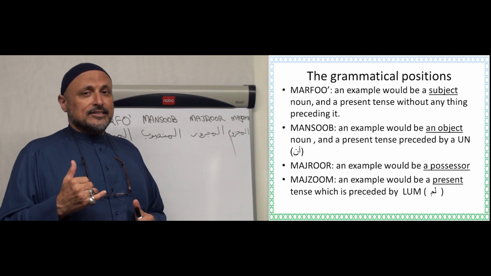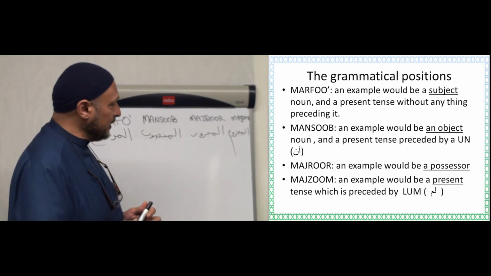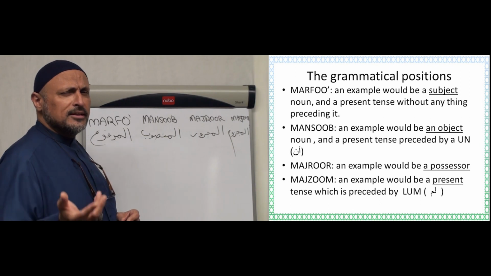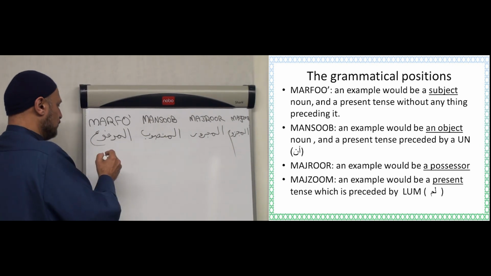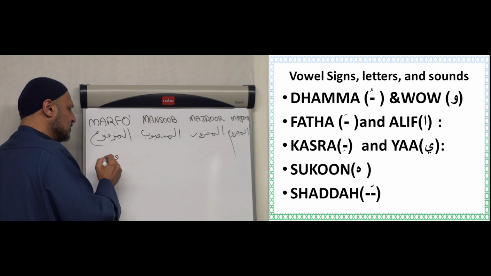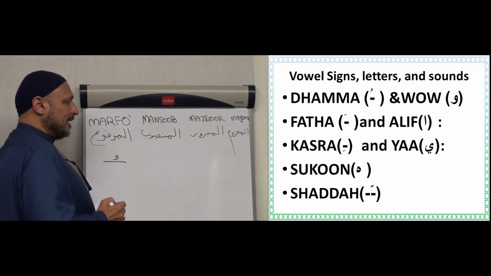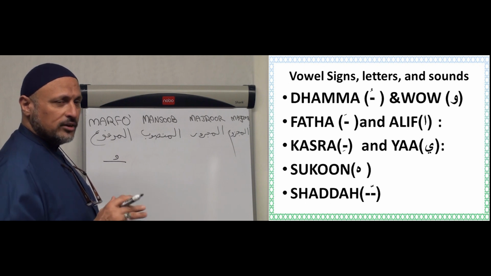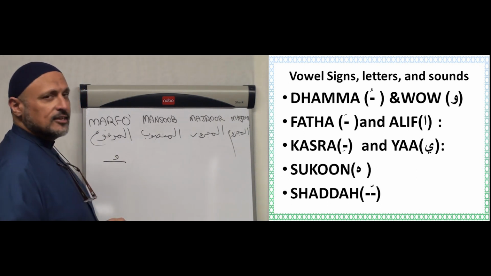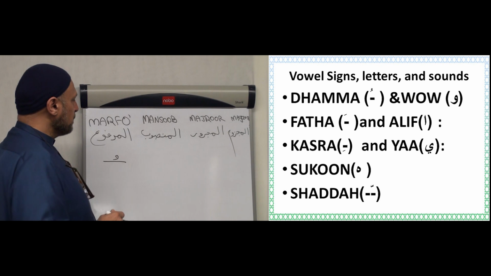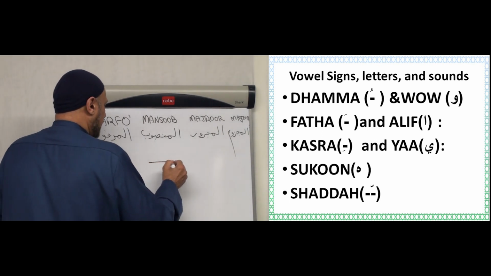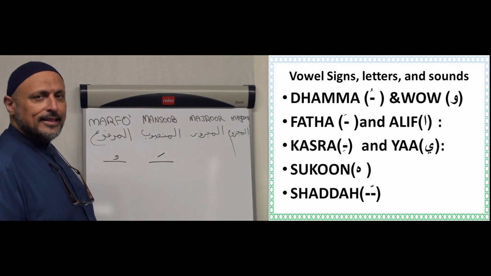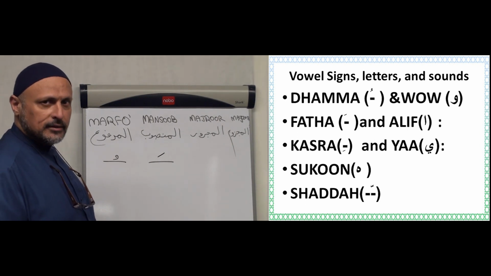There are signs. How would I know that this is marfu', mansub, majroor or majzoom? If I see a dhamma, a small waw, at the end letter, in general cases, then it is considered marfu'. If I see a fatha on the top, that is considered mansub.